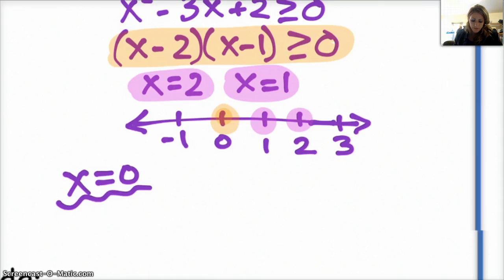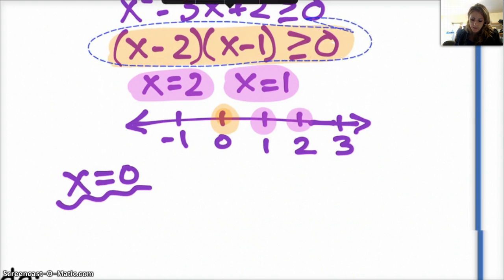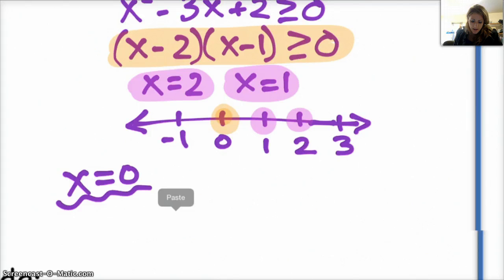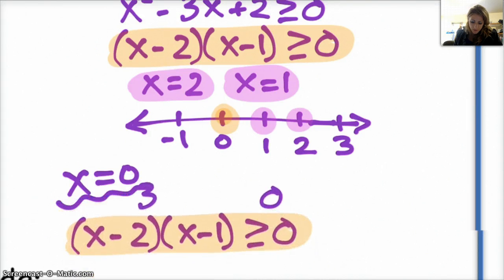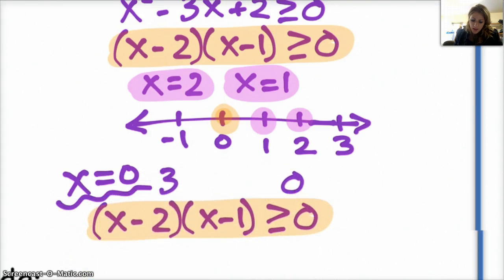Okay, so I'm taking this inequality and I'm plugging in 0, x equals 0, and I want to see, is it a true statement or is it not a true statement?